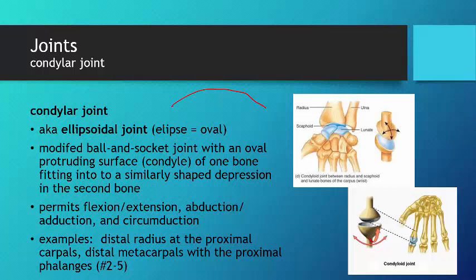And also we see condylar joints at the distal radius, where it makes a joint with the proximal carpals. So here are the proximal carpals. We have the scaphoid, the lunate, and they create a condylar joint there with the distal radius. Alright, so 2 down, 4 to go.